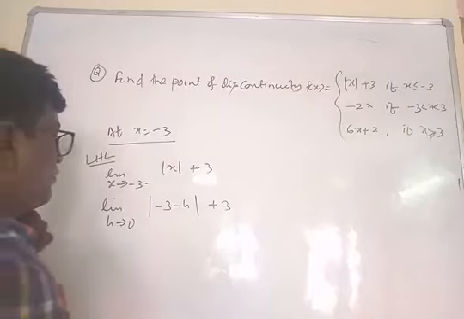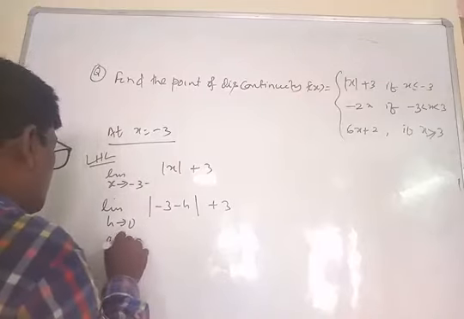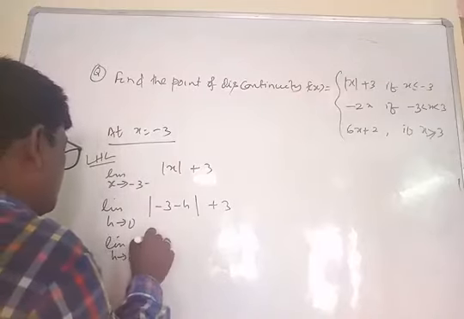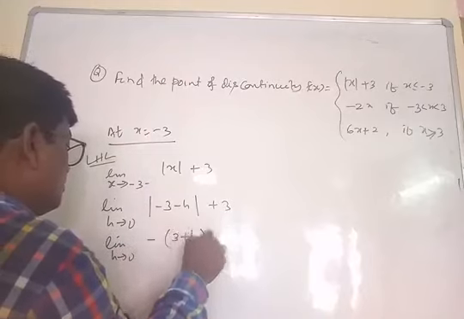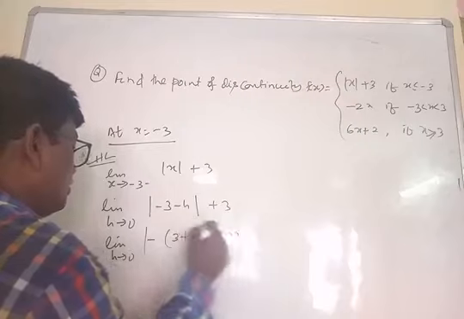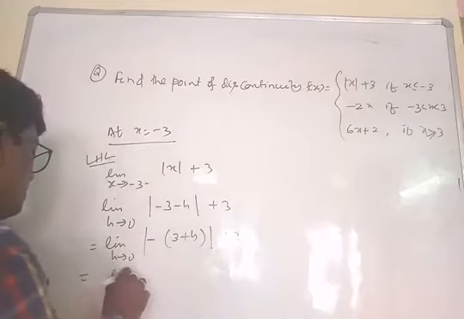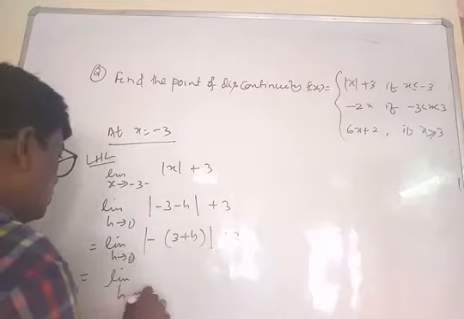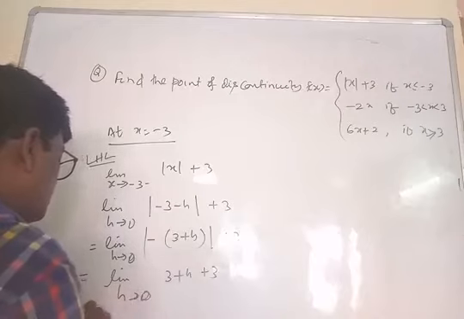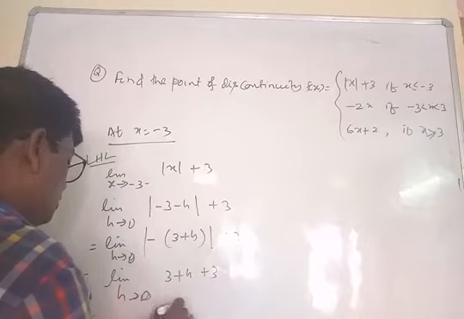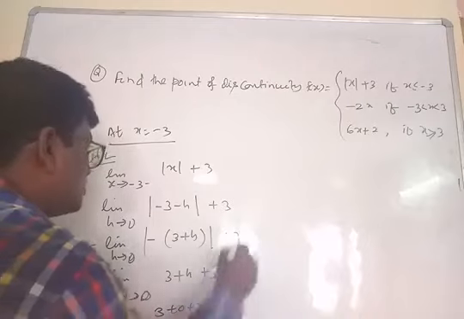So this is equal to limit h tends to 0, take minus common, mod of 3 plus h, plus 3, which is limit h tends to 0, 3 plus h plus 3. This is equal to 3 plus 0 plus 3, which is equal to 6.